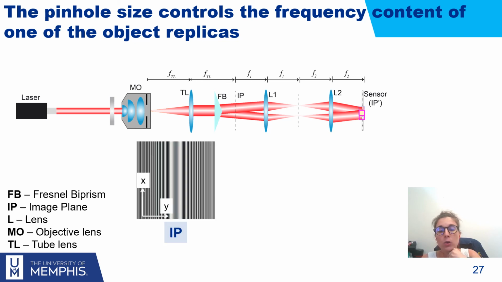Alright, so let's assume that you have an object that is a sum of different cosinusoidal functions with different periods, right? And this is exactly the image that you have in the image plane.